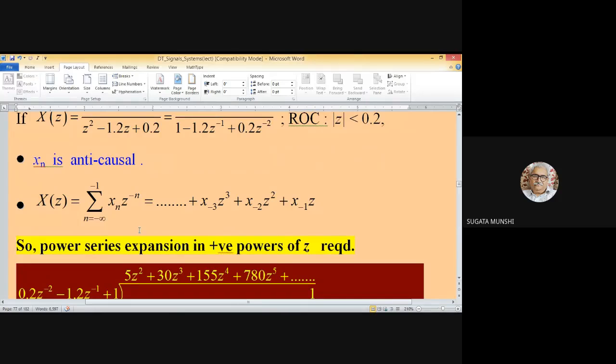The division remains the same. 1 is to be divided by 1 minus 1.2 z to the power minus 1 plus 0.2 z to the power minus 2. But now you have to get a power series of this form.